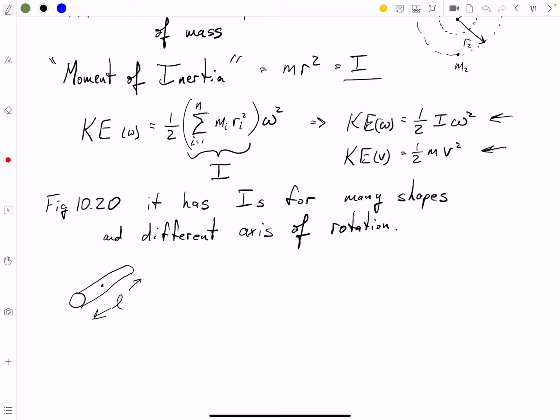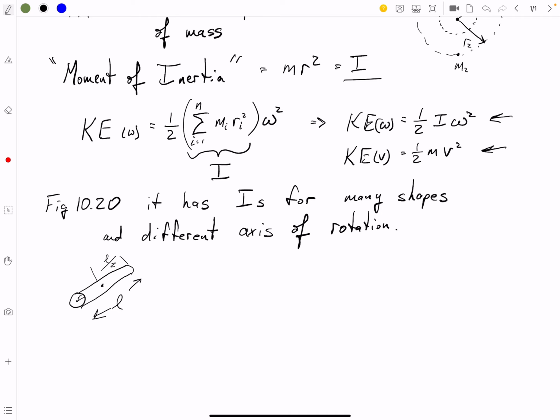It's uniform, so L over 2. L over 2 from the halfway point to the end. Let's see. This is the radius R right in there.